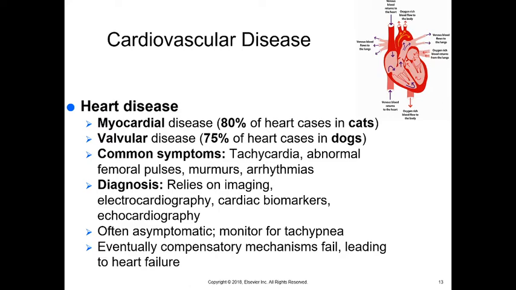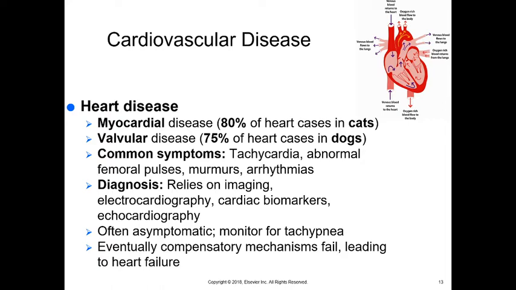So mostly dogs have valvular disease, and most dogs with valvular disease have a mitral valve problem. The mitral valve is in the left side of the heart, and it's the first valve that blood comes into contact with as it comes through the lungs.